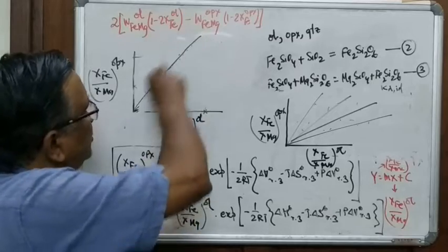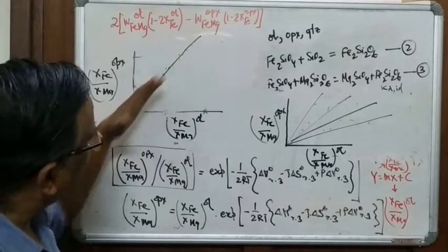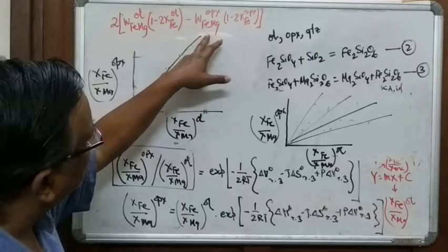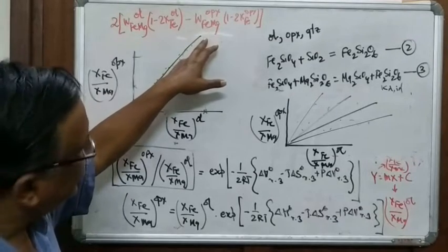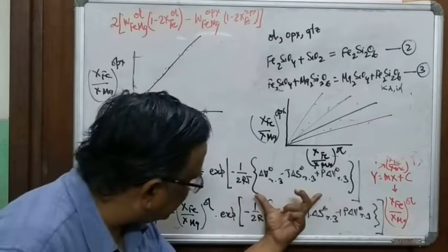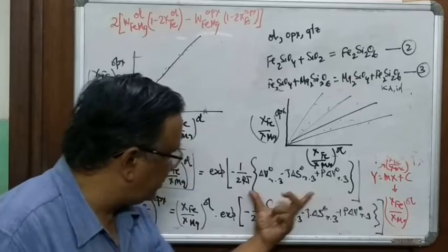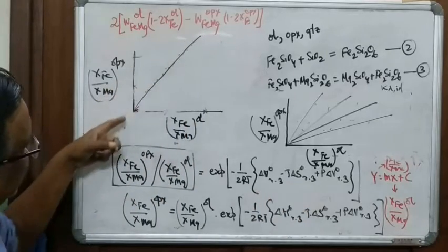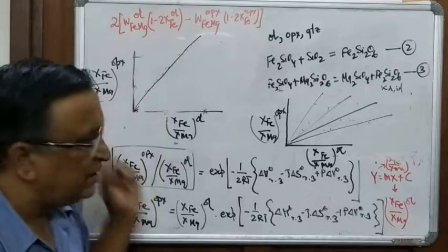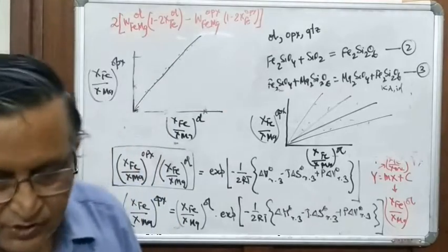If they correspond to a single straight line, which corresponds to a particular temperature for which this term is a constant, then compositions lying on this line would have equilibrated at the same temperature.